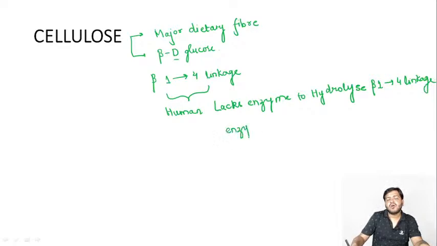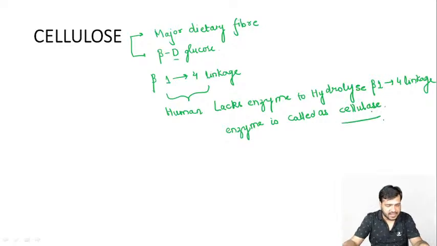The enzyme is called cellulase. Basically humans are lacking this particular enzyme. That's why we are not able to digest cellulose. Okay, we are not able to digest cellulose because it consists of beta 1 to 4 linkage.